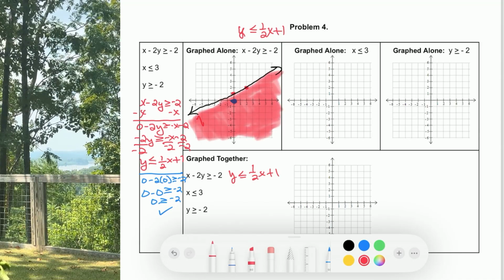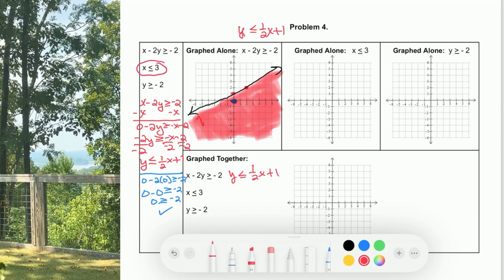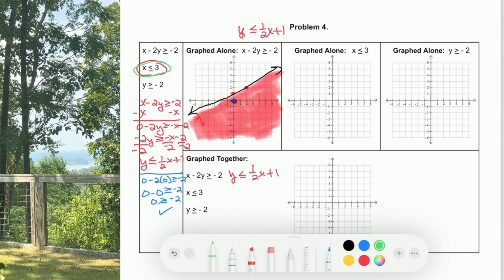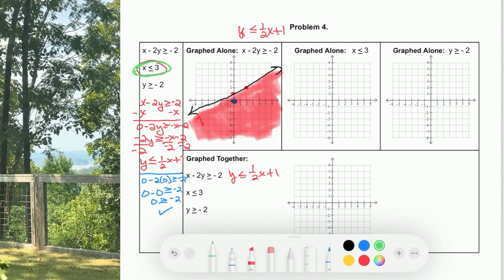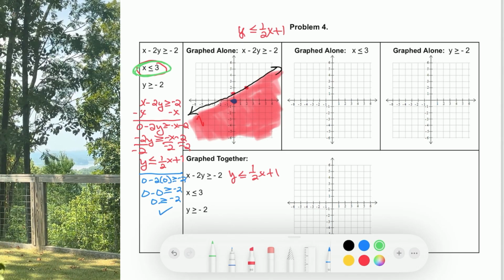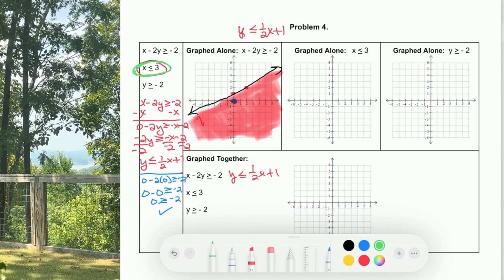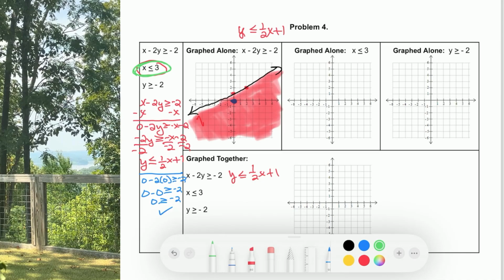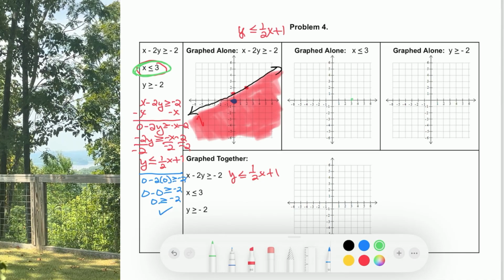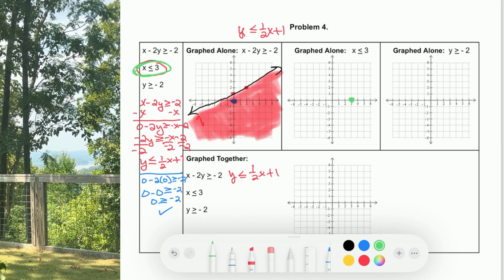All right, let's look at our other 2 equations. My x is less than or equal to 3. I don't have a y. So what I need to think through is this a horizontal or a vertical line? Well, it's telling me my x is less than or equal to 3, which means I'm going to cross my x-axis right here. So this tells me it's a vertical line.